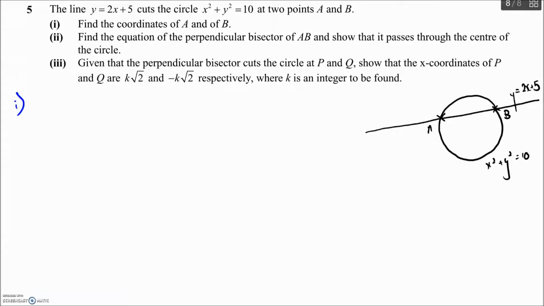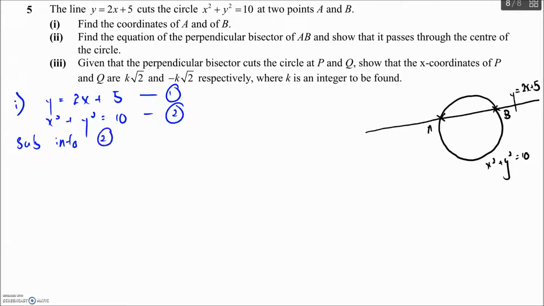I'm going to label my equations out again before I start solving. So I'm going to substitute equation 1 into equation 2, and do the necessary expansion.